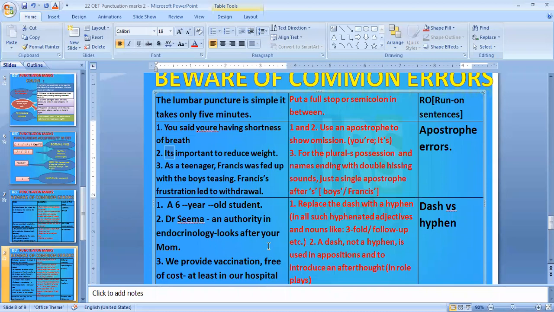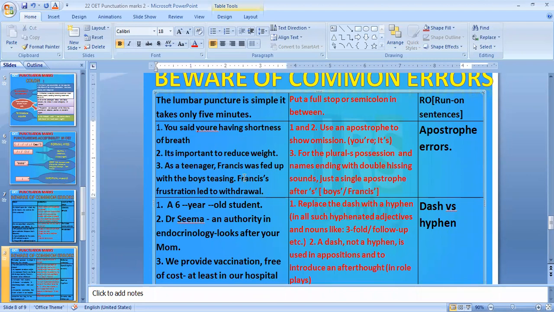Okay, number 3. As a teenager, Francis was fed up with the boys teasing. Francis' frustration led to withdrawal. Oh, this is a problem in the school. Teenagers face this problem of teasing or bullying or what, ragging.